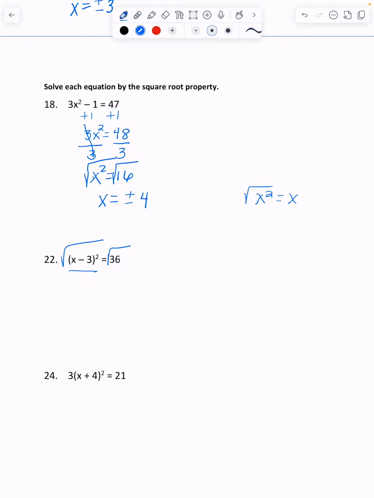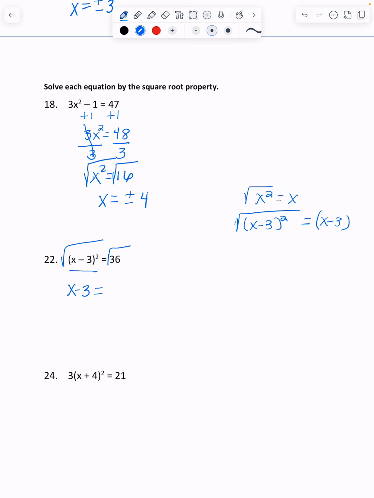I got x. So when I'm taking the square root of x minus 3 squared, what number do I square to get x minus 3 squared? It's x minus 3. So when I take the square root of x minus 3 squared, I'm just getting what's up under the radical.